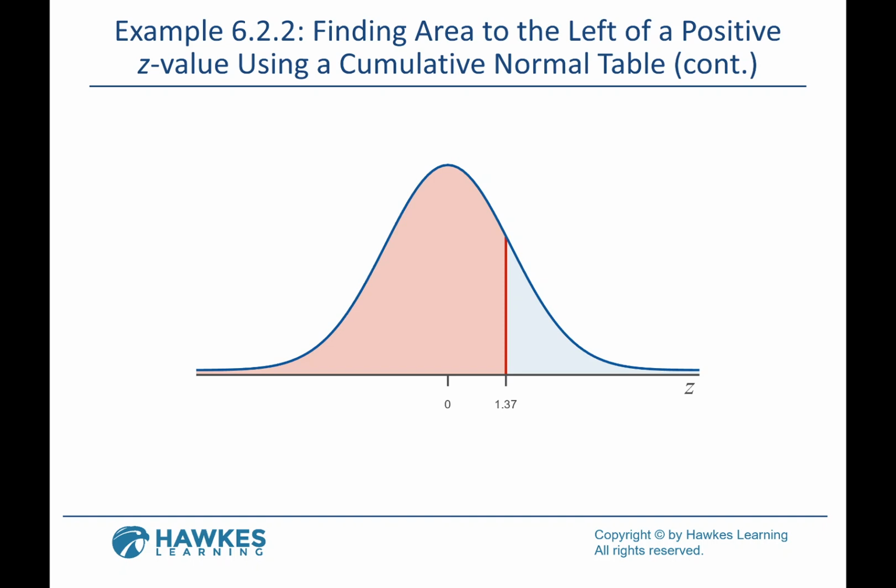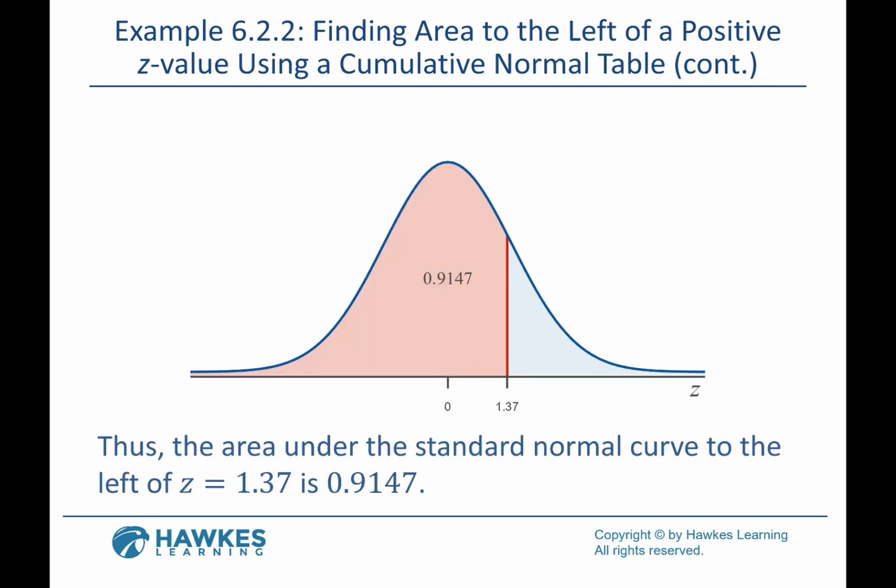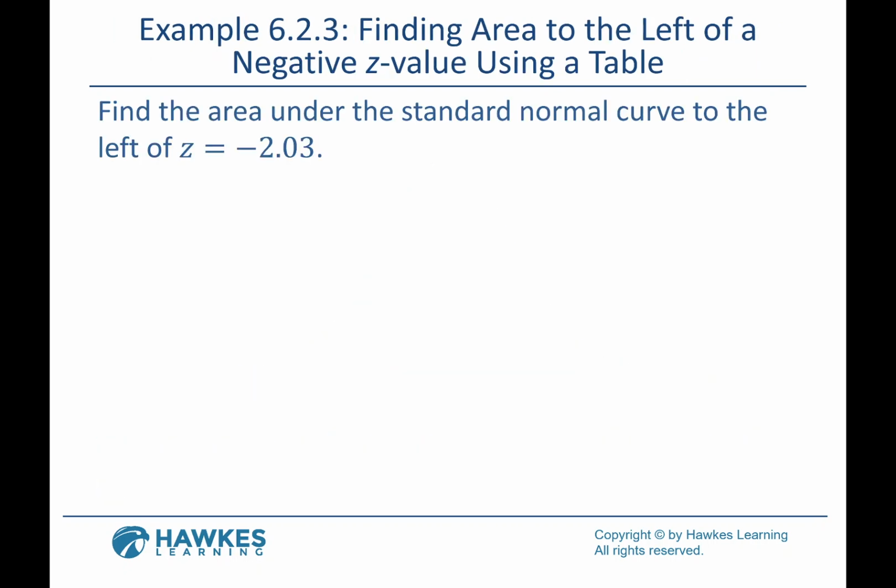Let's look at another one. There's our area. All right, this one says find the area under the standard normal curve to the left of a z-value of negative 2.03. So we're going to look for negative 2.0 down the left side. And if you're on the wrong side, you'll look and you'll see the z-values are positive, so you know you have to flip over to the other side.